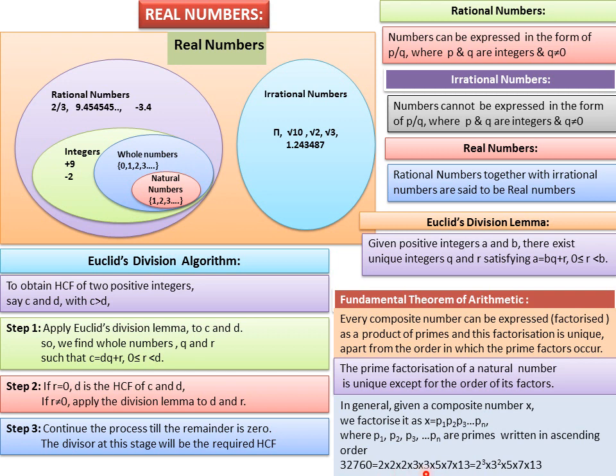That means I can express it in the form of powers: 2 to power 3 into 3 to power 2 into 5 into 7 into 13 gives me 32760. Here you can observe 2, 3, 5, 7, 13 are all prime numbers, and their product gives this composite number. That is what the fundamental theorem of arithmetic says.